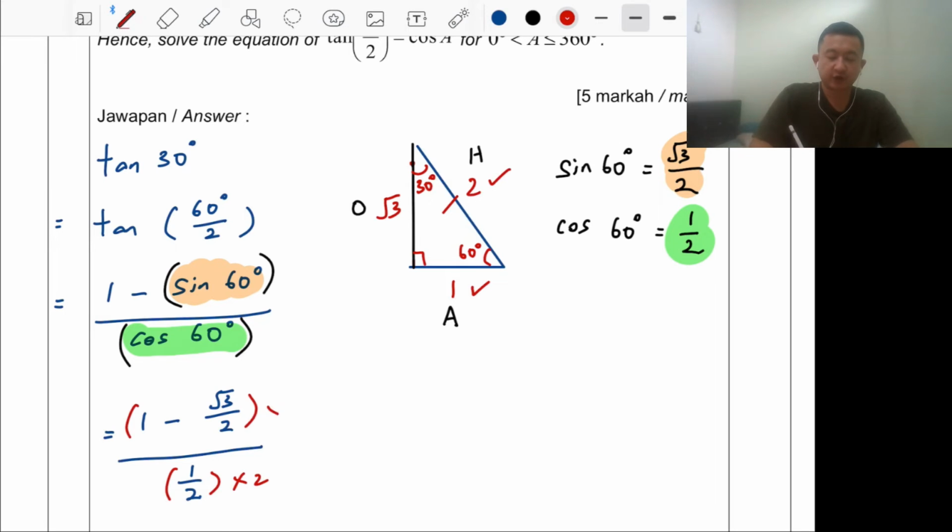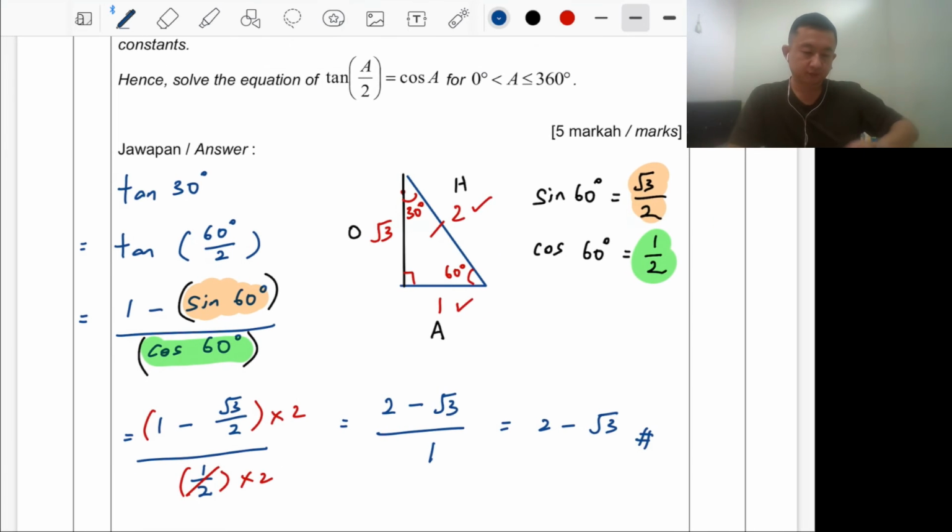Right, we can't have a fraction in a fraction, so make sure the denominator has been eliminated. We have 2 minus root 3. That's the answer. 2 minus root 3 over 1, so 2 minus root 3 is the final answer.